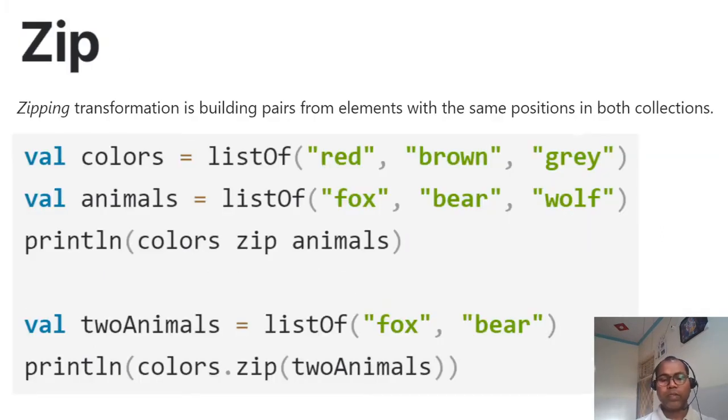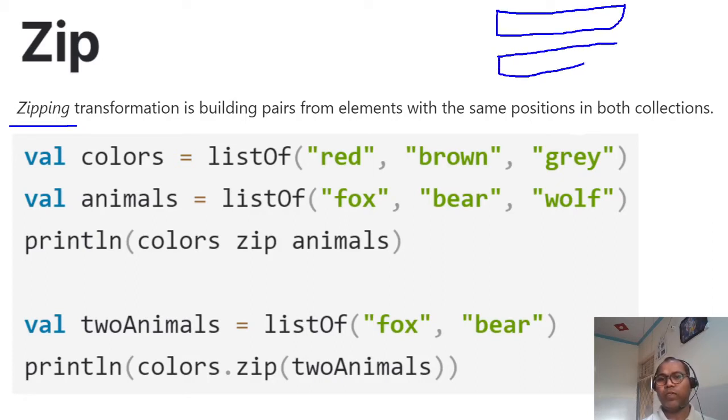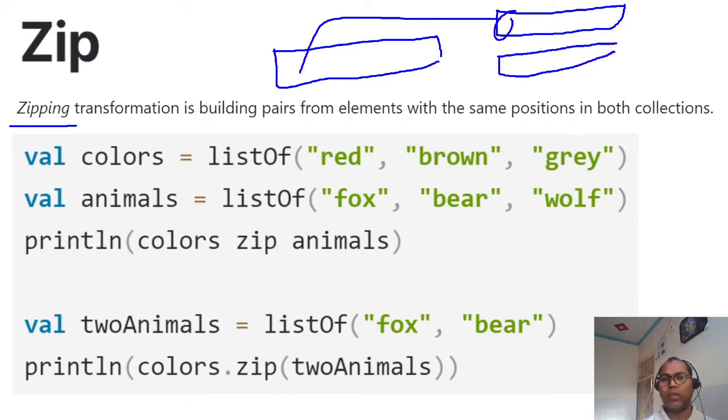And sometimes we have a kind of zipping transformation. What do I mean? Let's say we have one list and another list, and I want to zip them to make one. This element and then this element, then this element, then this element, in this way.